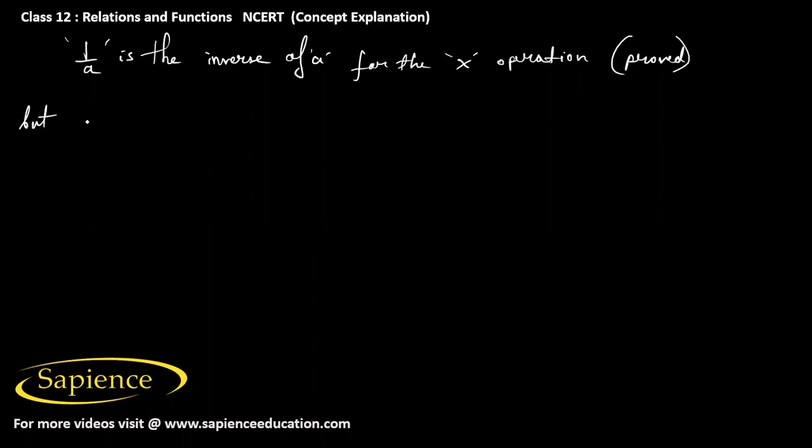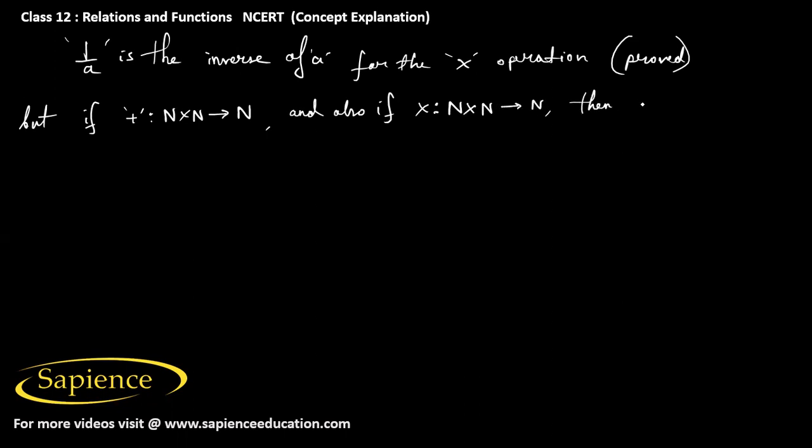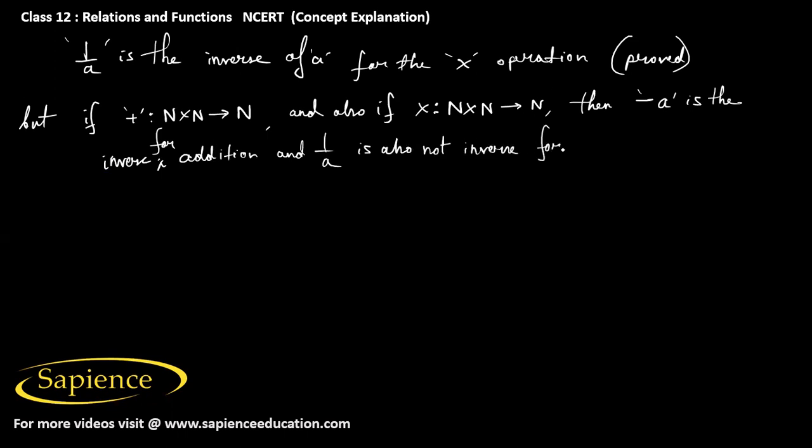But here, if we apply the addition operation on the set N, where N is the set of all natural numbers, and also the multiplication operation on the set N of natural numbers, then minus a is not the additive inverse, and 1 by a is also not the inverse for the multiplication operation.